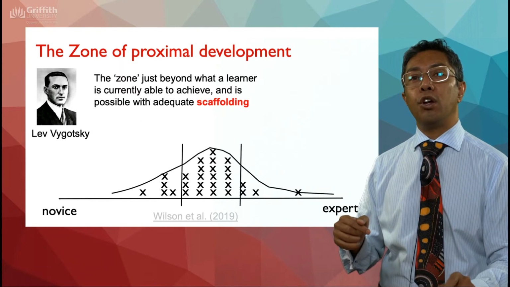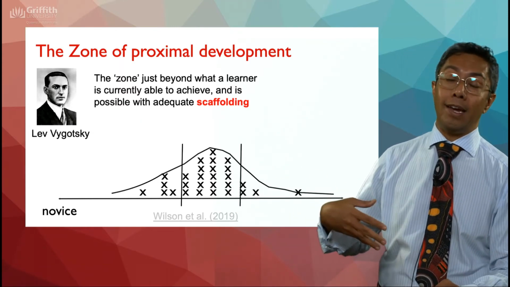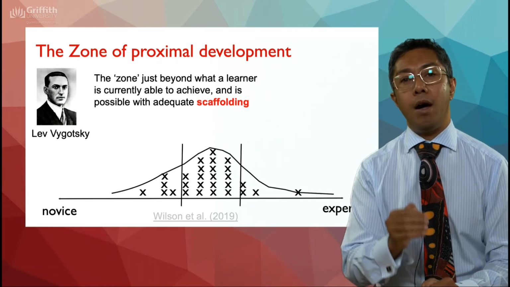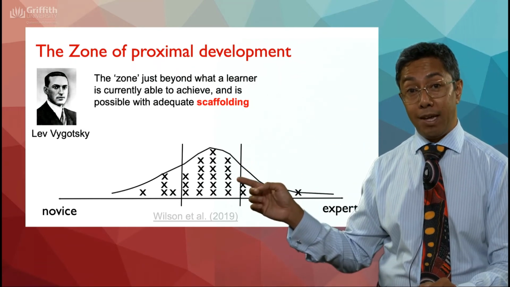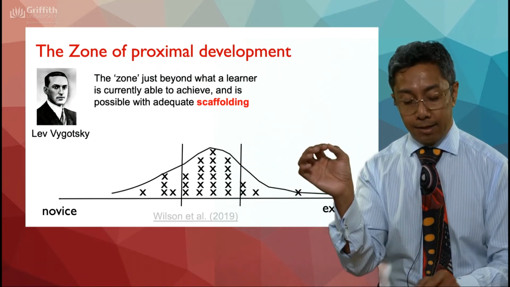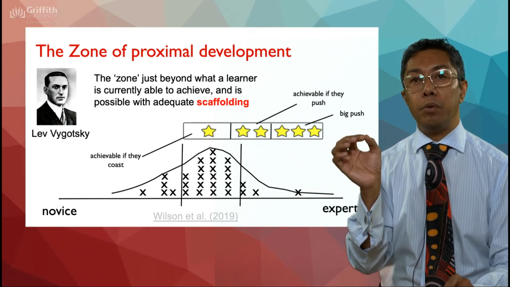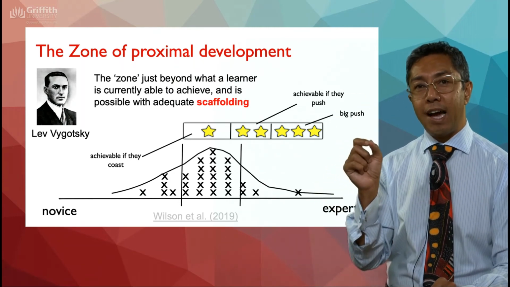Okay? So if we split the class up into thirds, we've got the high end, we've got the low end, but we've got the majority of students in the middle. If we are applying Lev Vygotsky's idea for that bulk of students in the middle there, we would be targeting those students. Okay? And so what we would be doing is pitching the lesson just beyond what they are currently capable of.